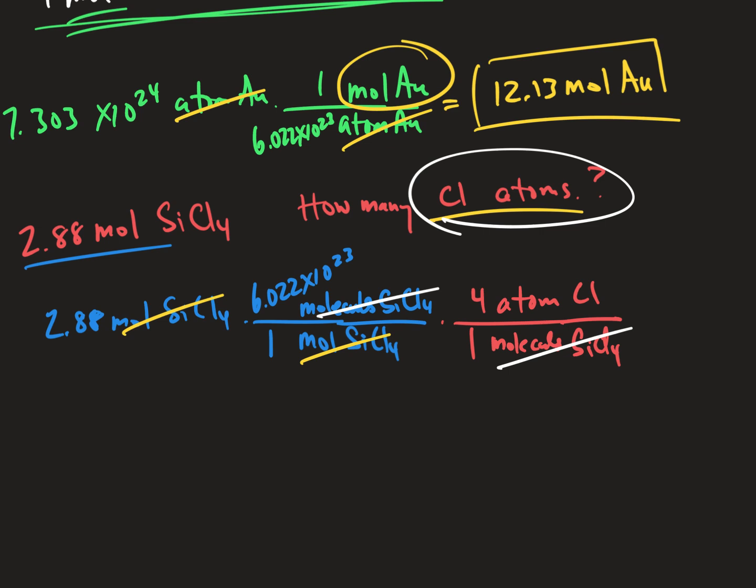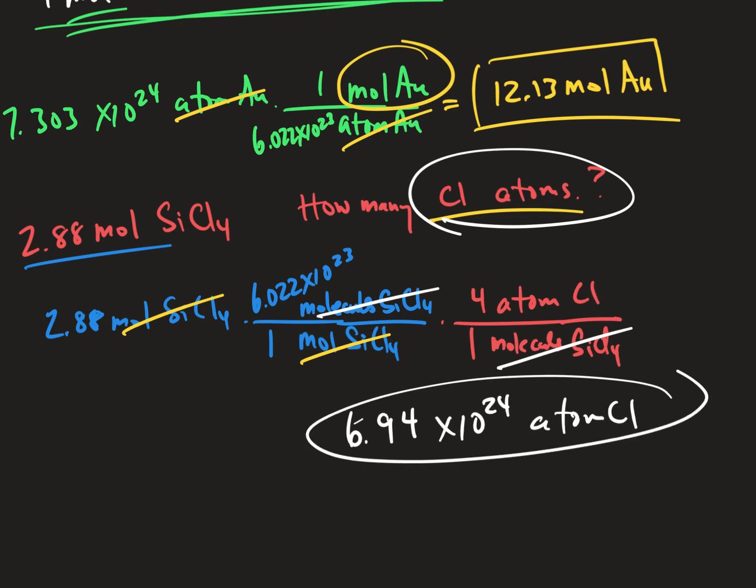So we multiply those, divide those, and nothing to divide actually. And we get 6.94, we can round it to, times 10 to the 24 atoms of chlorine. Can y'all get that in your calculator? Make sure you can.